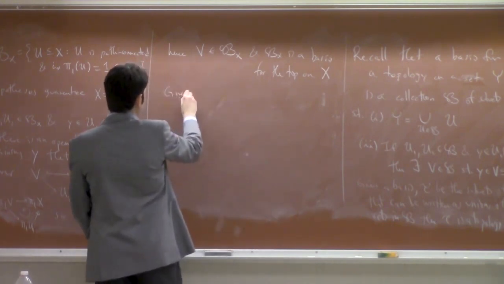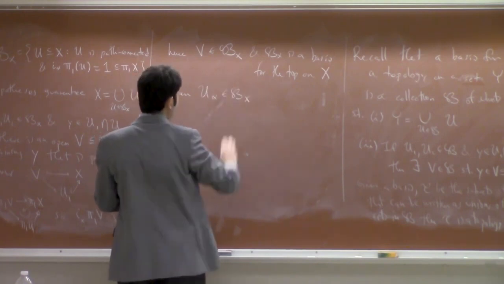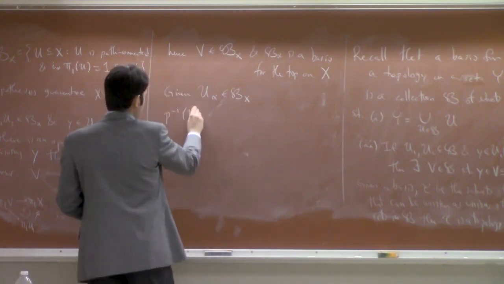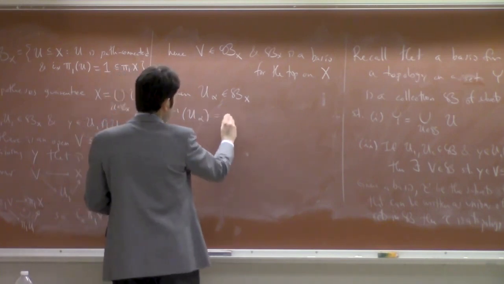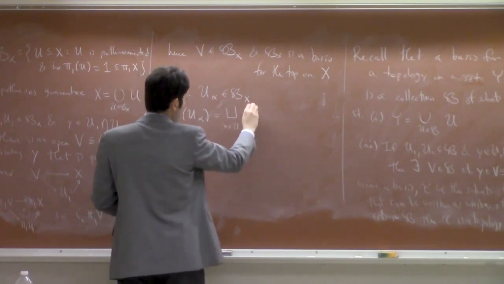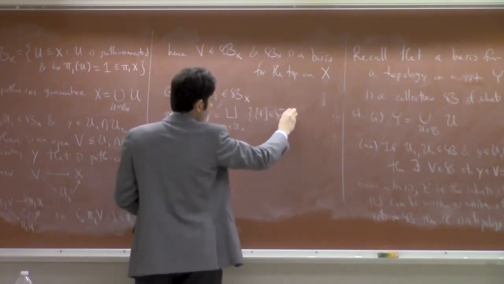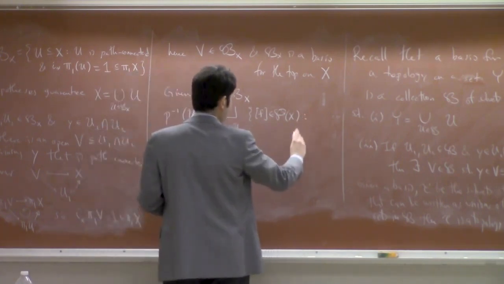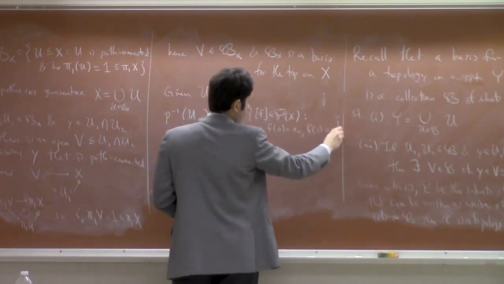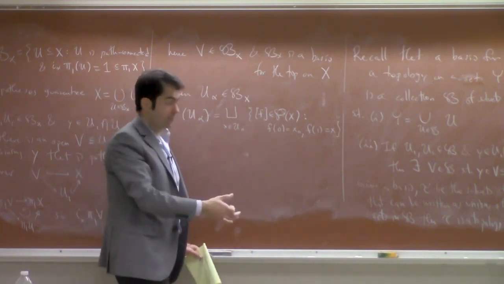So given, call it U alpha inside Bx, well, by definition, the inverse image of U alpha is the disjoint union over points in U alpha of homotopy classes of paths in the fundamental groupoid of X with the property that the left endpoint is X naught and the right endpoint is X. So, okay, that's what we get as a set, the big set.